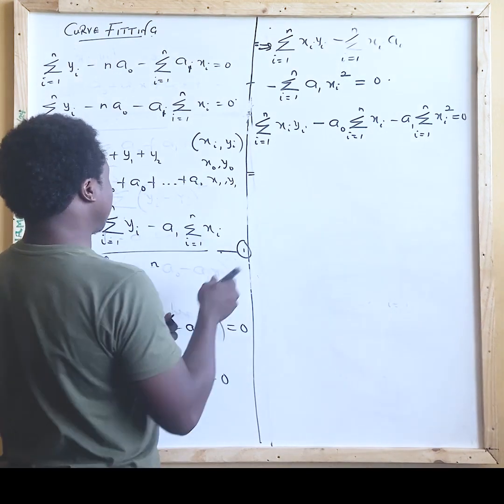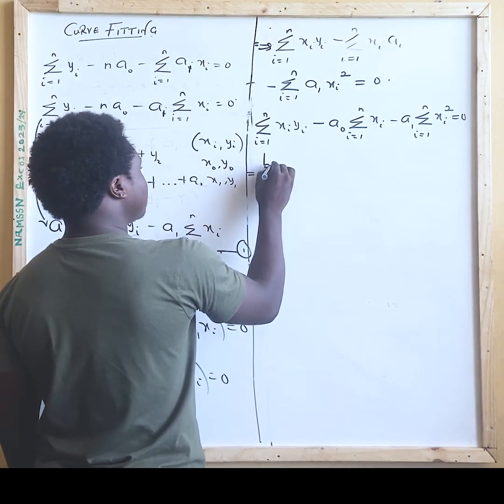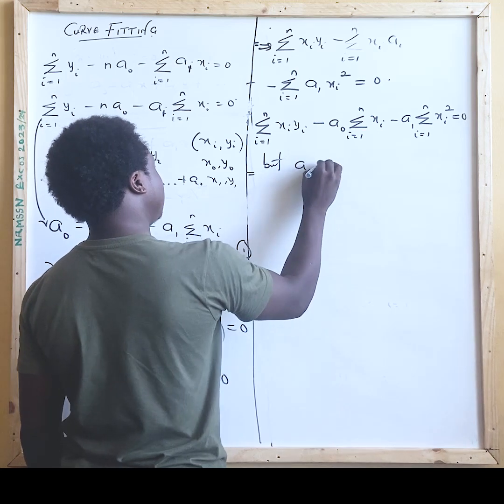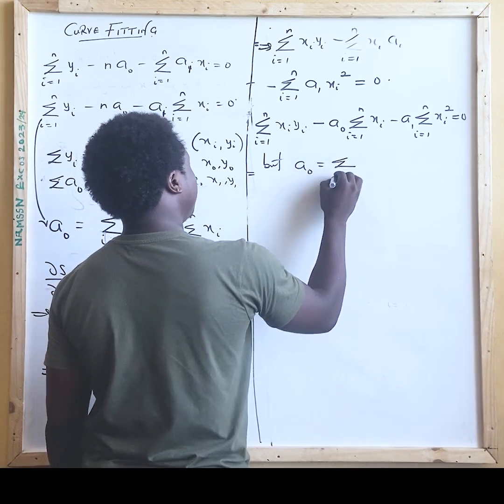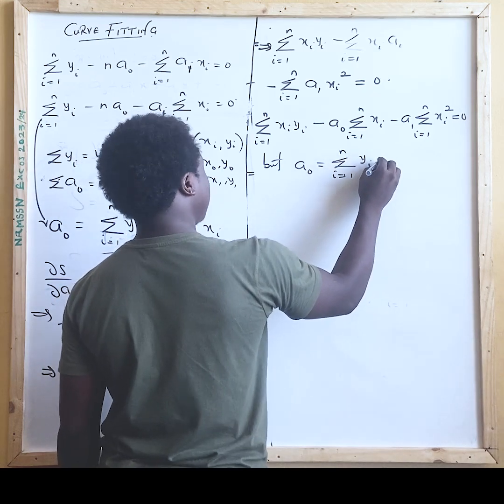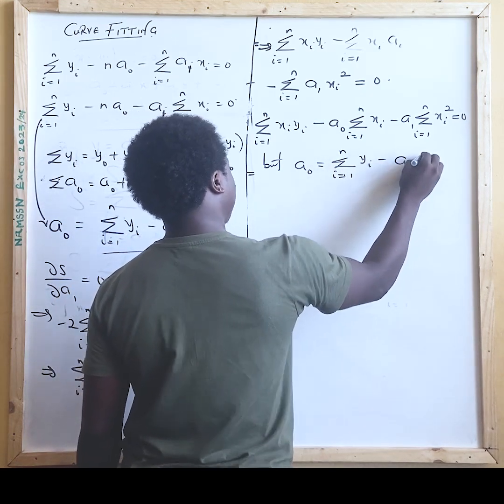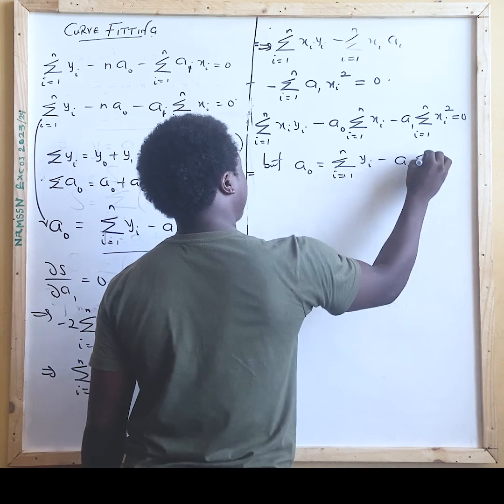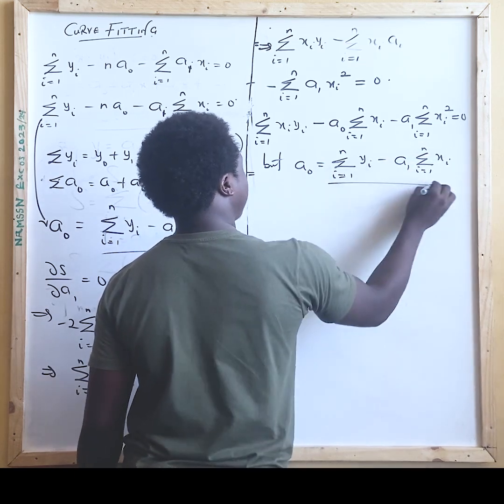Okay, so let's do that. Our a naught is equal to summation i from 1 to n yi minus a1 summation i from 1 to n xi, over n.